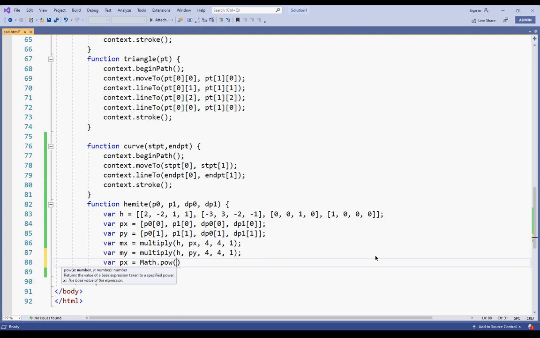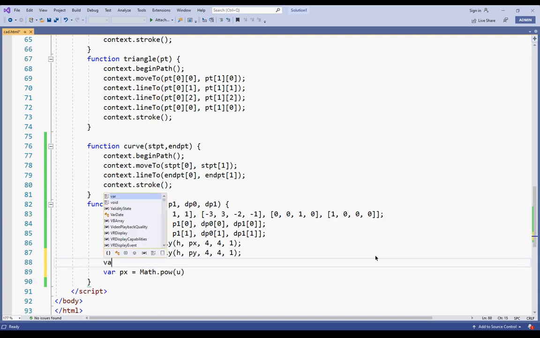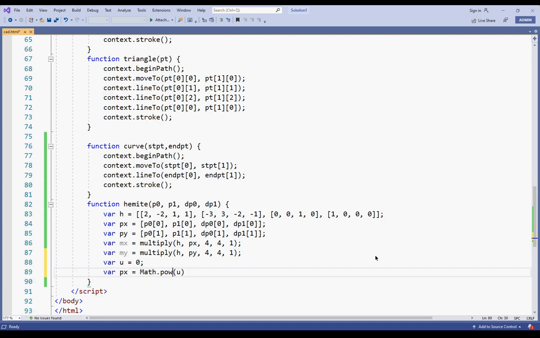Presently I just put u here, and I'll set the value of var u equal to 0, so later on I can copy paste this value, u cube, into mx.